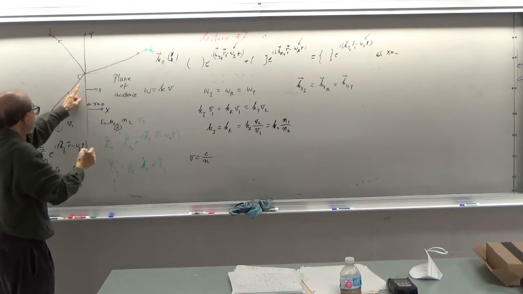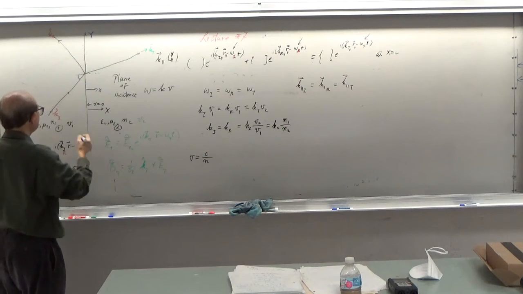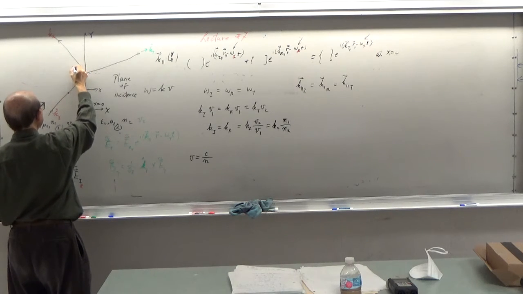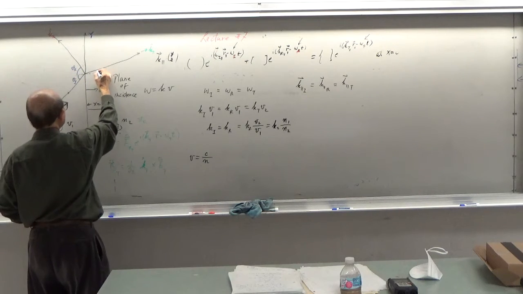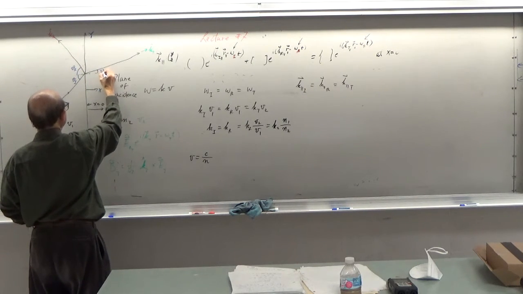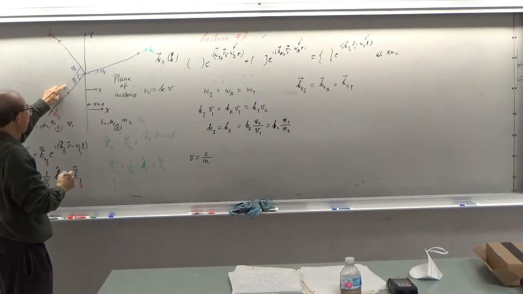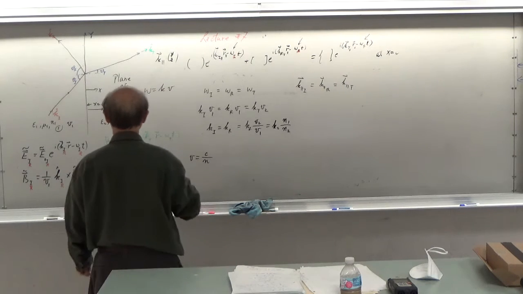The angle of incidence is the angle made between the normal to the interface and the direction of the incoming beam. Let me call this theta sub I, this angle theta sub R, the angle of reflection, and this one theta sub T. Notice that the angles are defined by the beam and the normal, not the interface. Make sure you remember that.